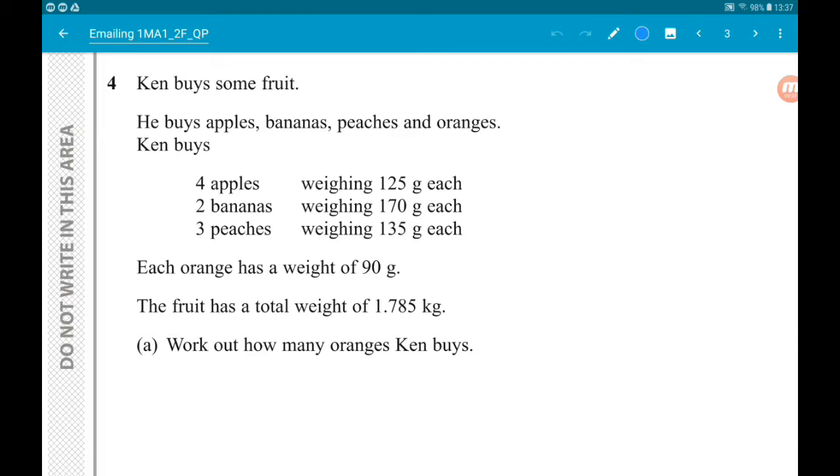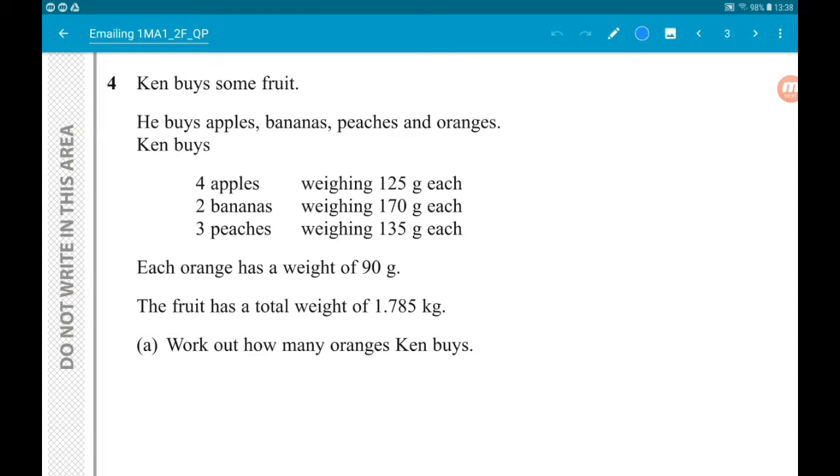We're told each orange has a weight of 90 grams. The fruit has a total weight of 1.785 kilograms. Part A wants us to work out how many oranges Ken buys.